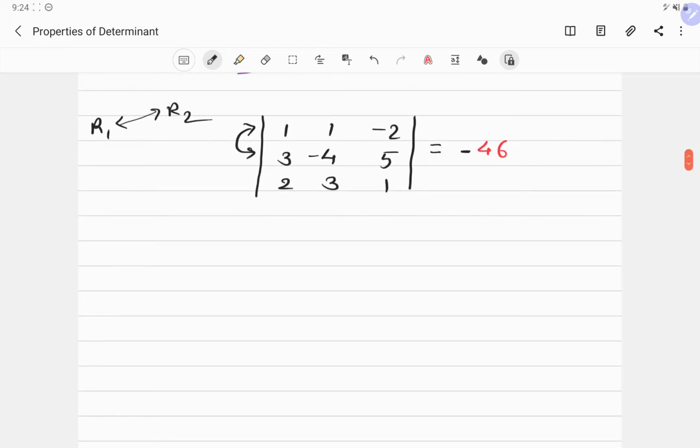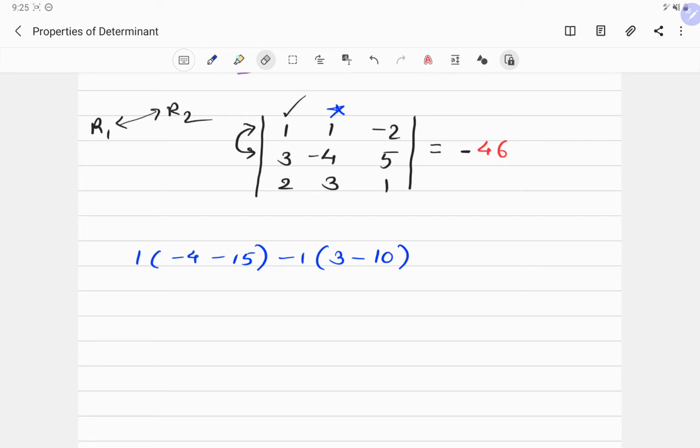Let's cross check with the expansion. Here I'm taking the expansion along this 1. So it is 1 times, this cross minus 4 minus, this is 3 into 5 is 15. Then as per the middle digit, change its sign, minus 1. Then expansion along this 1 is 3 into 1 is 3 minus 2 into 5 is 10, right?